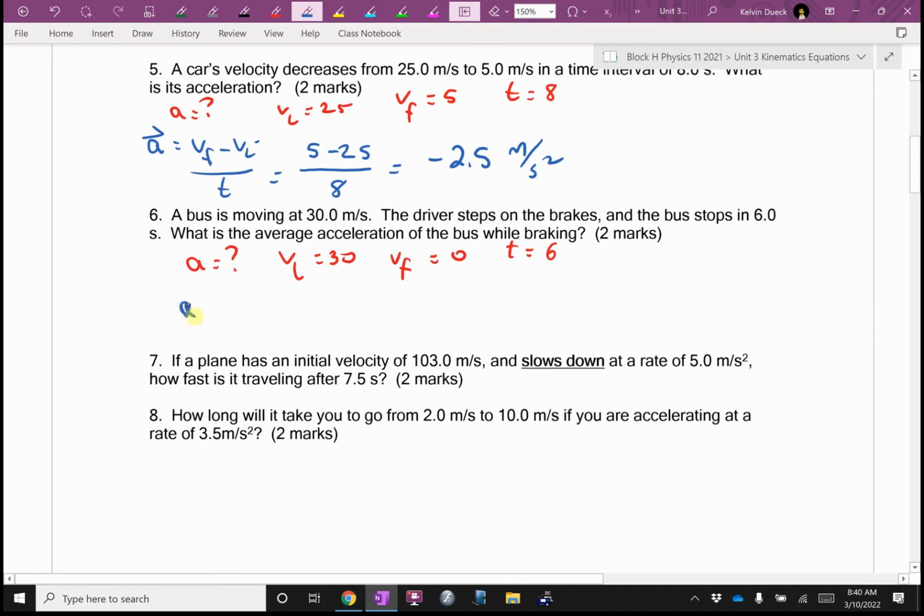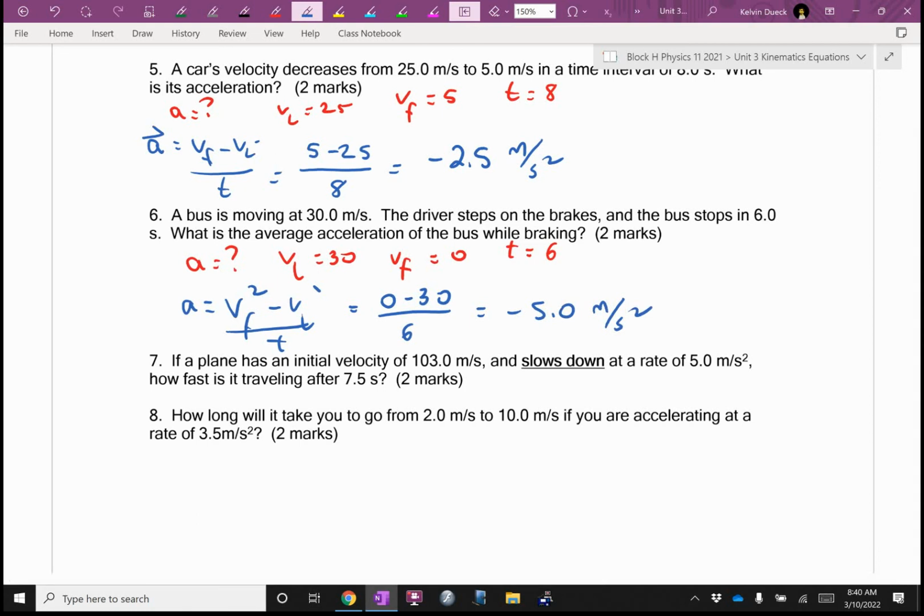So it's going to be A equals VF minus VI over T. That's a messy A. It's going to be 0 minus 30 all over 6. Did you all get negative 5 meters per second squared? Okay. How big is an acceleration of negative 5? What's 1g? How big is 1g? You all know this. What's a nice round number close to that? This is about a half a g.